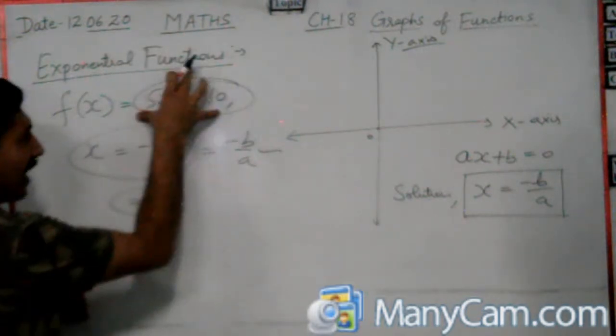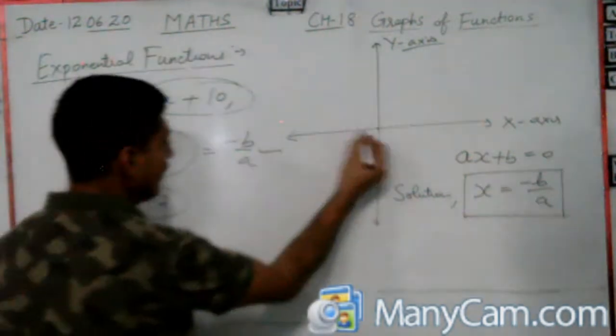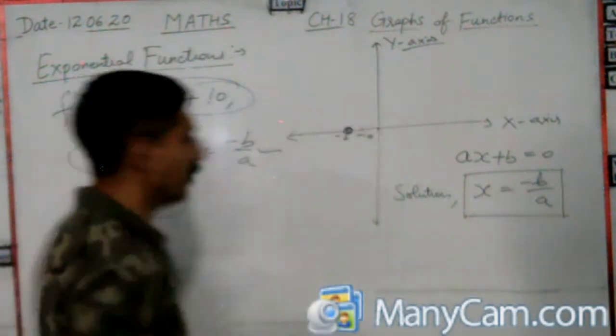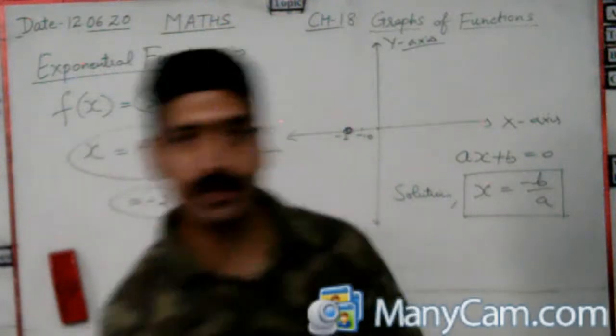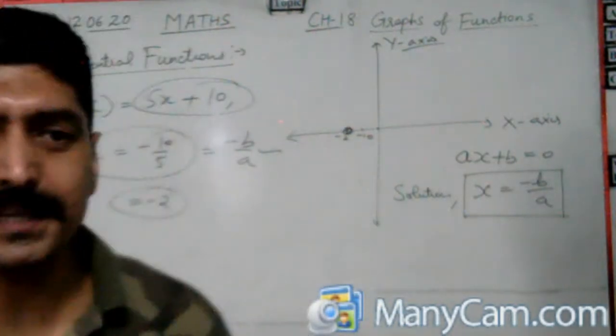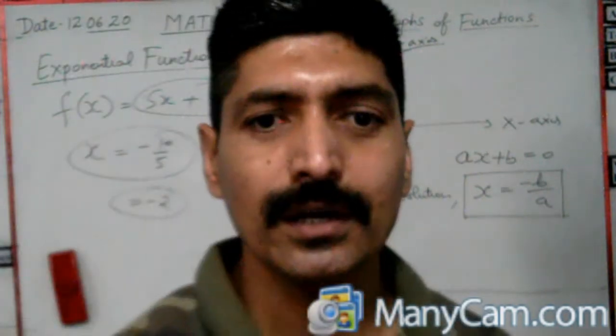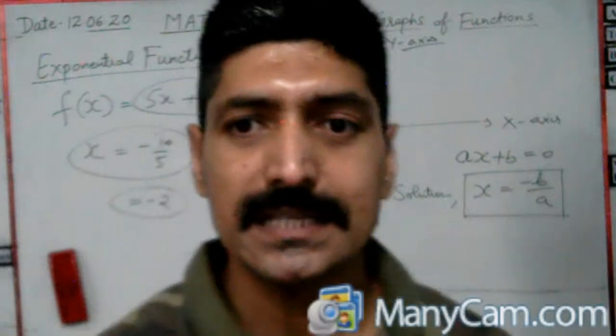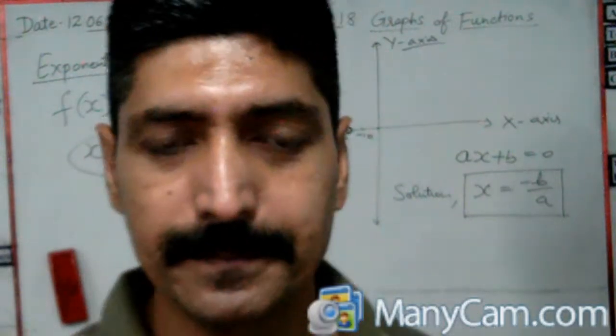So its graph will definitely pass through this point, and this is the solution of this linear function. Similarly, for the quadratic functions, which we have studied in detail, right?